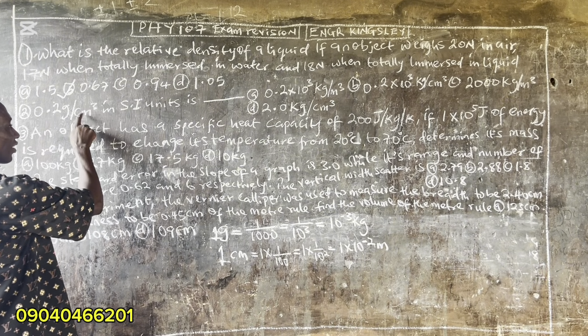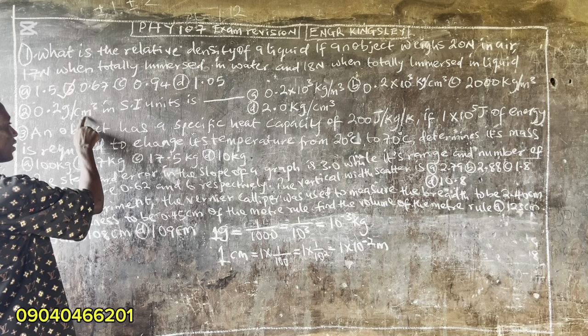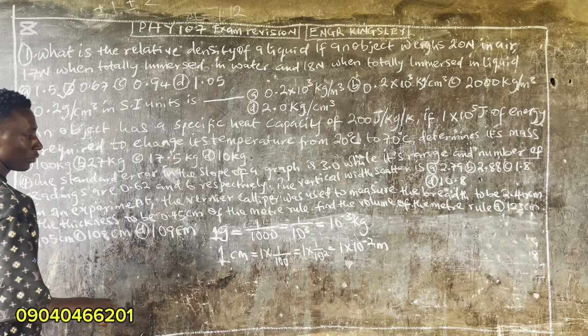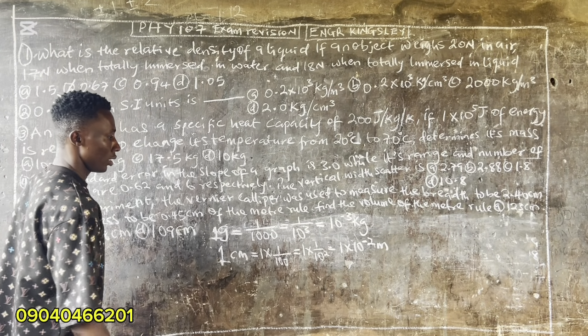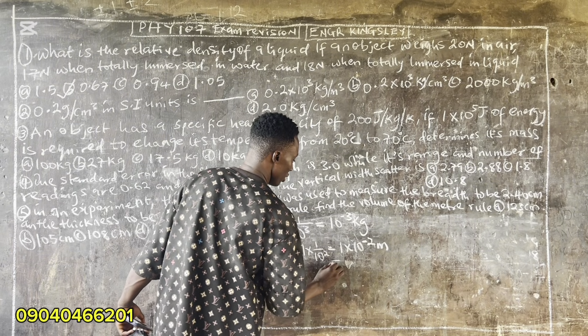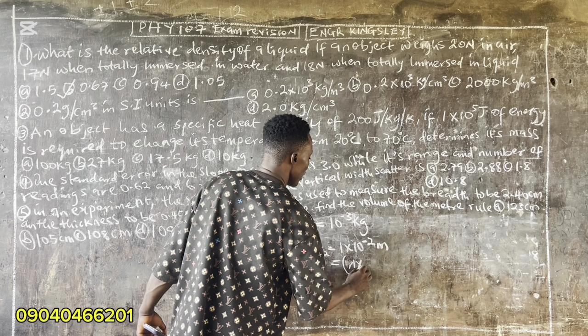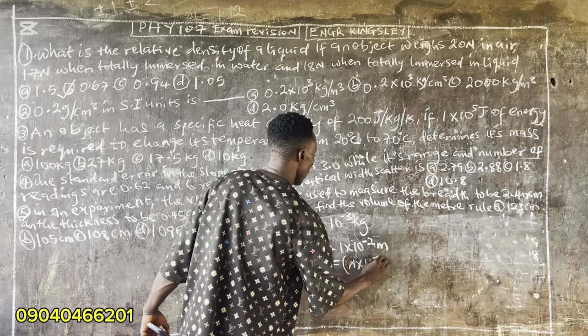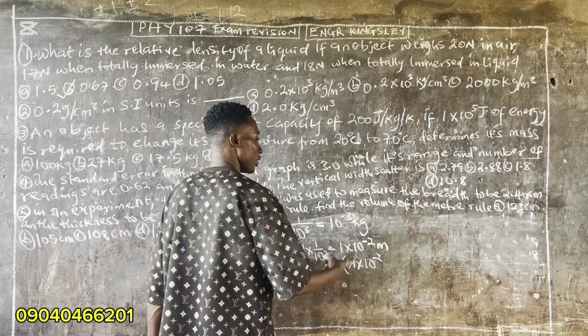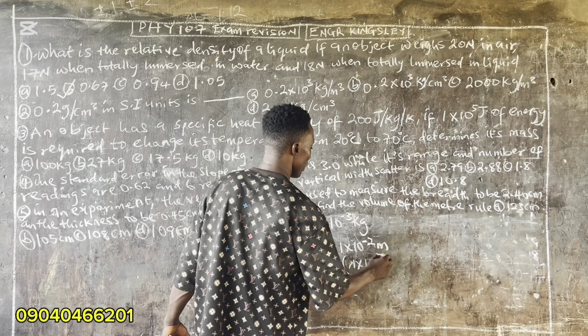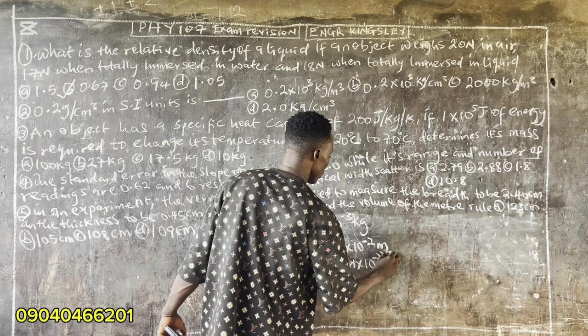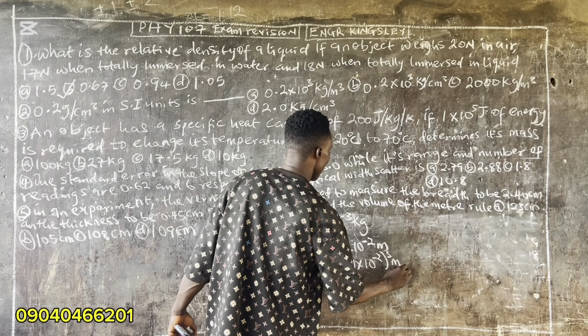But this one, we are talking about cm to the power 3. So when we cube the meter conversion, we'll be having 1 times 10 raised to the power minus 2, all cube, meter cube.